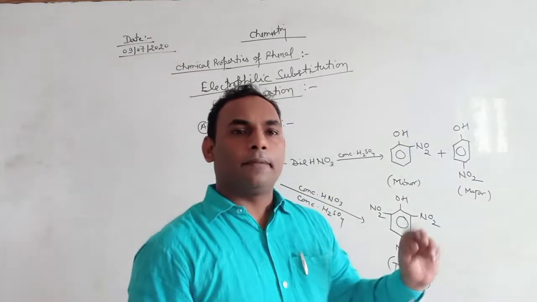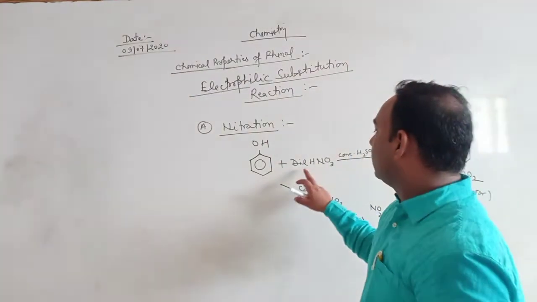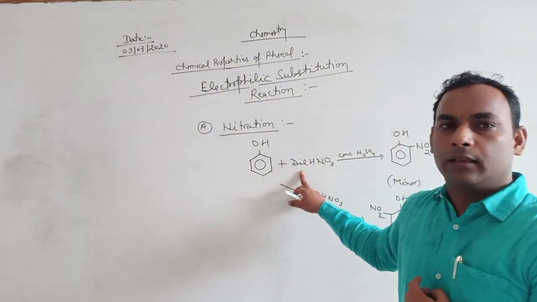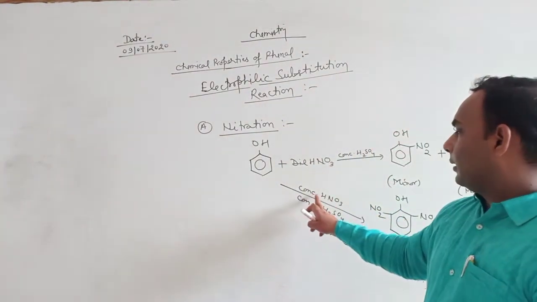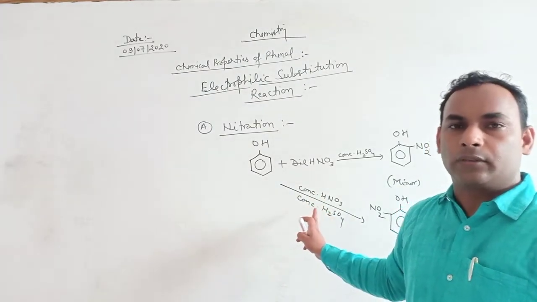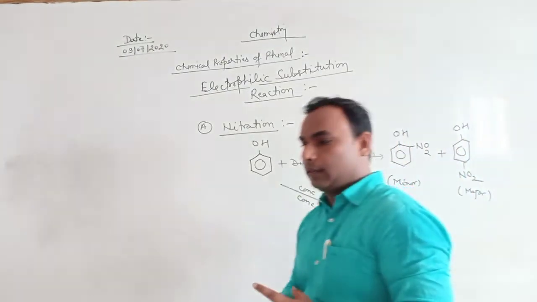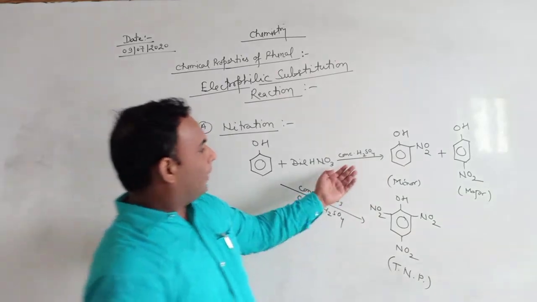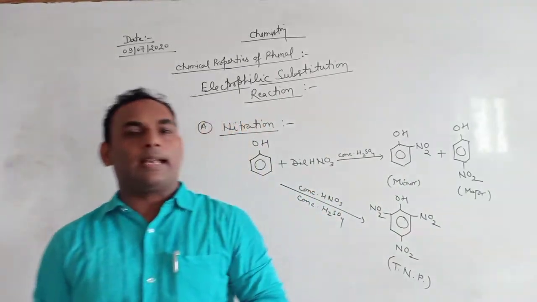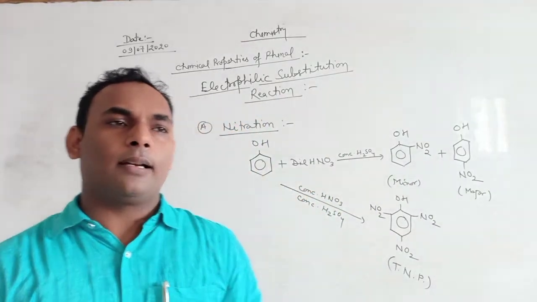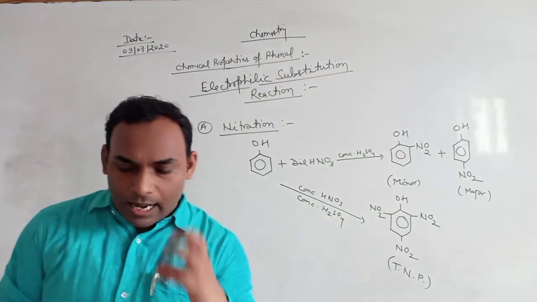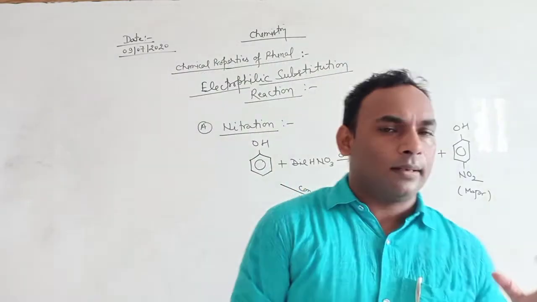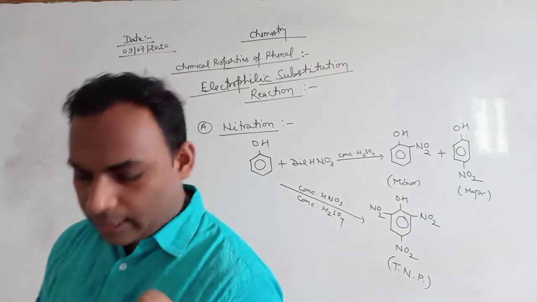Here, the major difference is the presence of dilute HNO3 or concentrated HNO3. The products are different. In the first case, we get a mixture of ortho and para derivatives, which are separated by distillation.